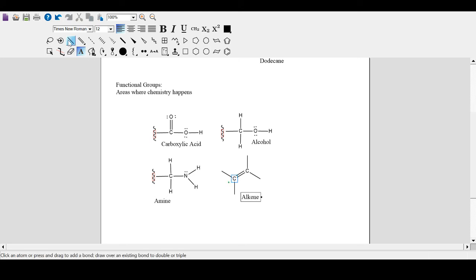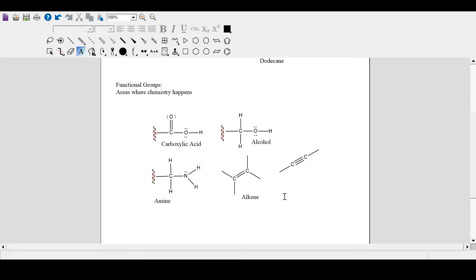And if you have one with a triple bond, oh, that didn't work right, hold on. There we go. All right, so if you have one with a double bond between two carbons, it's called an alkene.